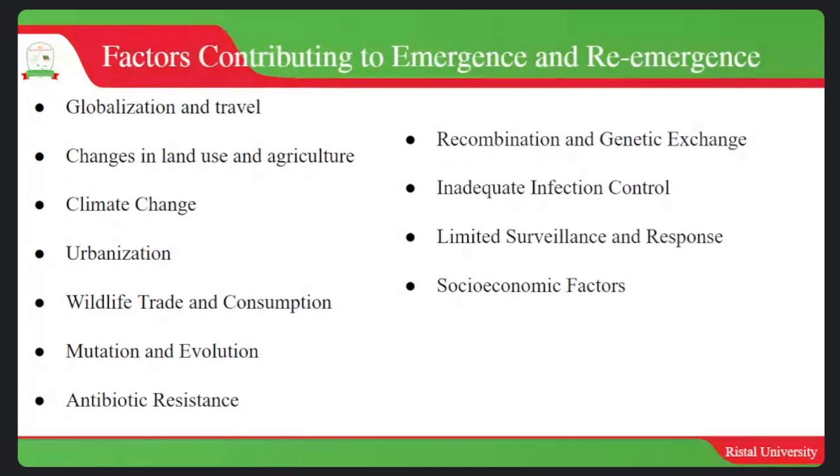So when we look at war and conflict, the displacement and breakdown of public health infrastructure during wars can lead to outbreaks. An example of this is cholera. There has been reported cholera in many refugee camps.